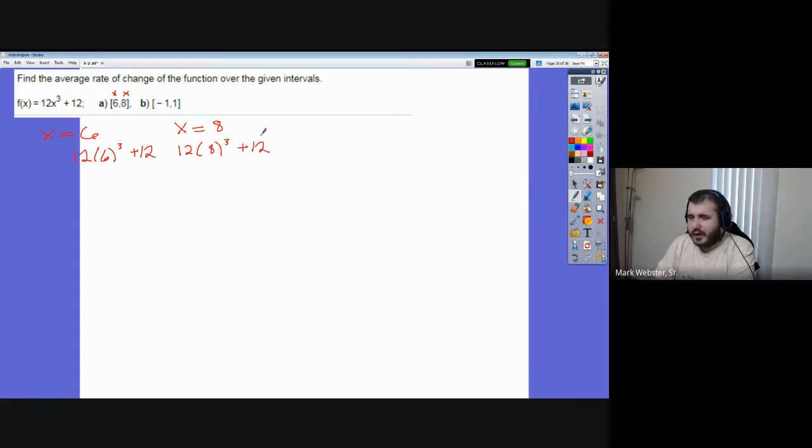And it is totally okay for you to use a calculator for this. They're giving you ugly numbers that nobody wants to see, right?